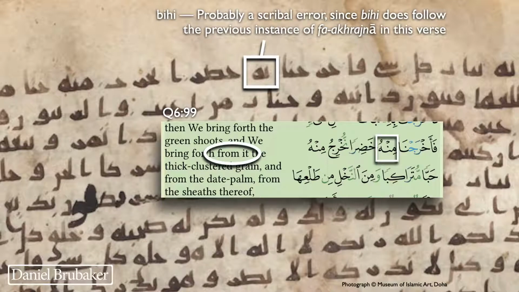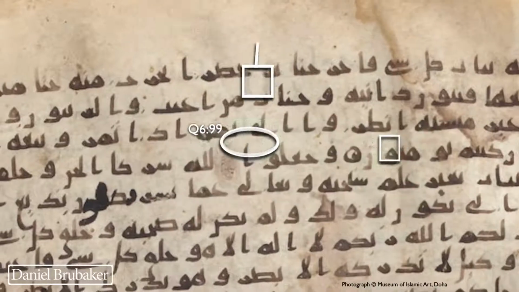So it seems possible that the scribe got to the second instance of the word and then wrote the word bihi, thinking that he was following the first occurrence, perhaps. The strange thing, however, is that instead of continuing with what follows the word bihi in the text as we have it in the Hafs, he instead continues on with the verse as it occurs after the word minhu in the Hafs text. So I'm not entirely sure what's going on here, but that is what is existing in this manuscript.